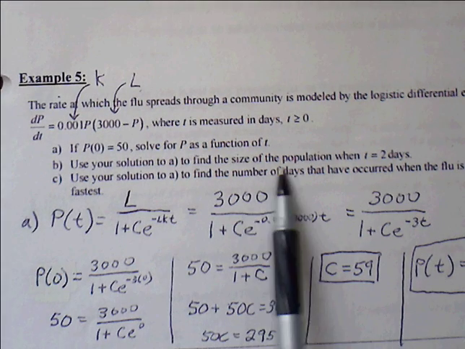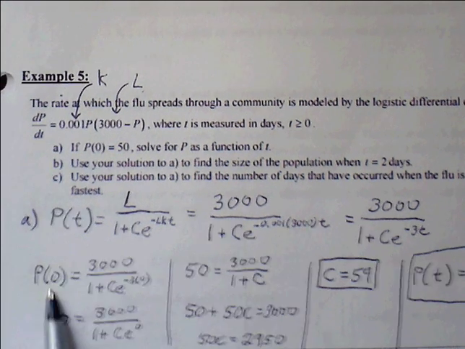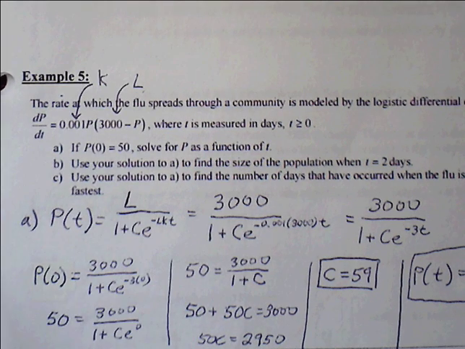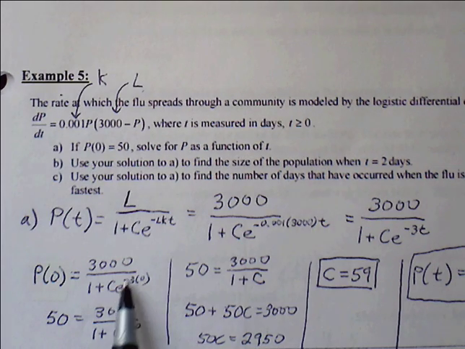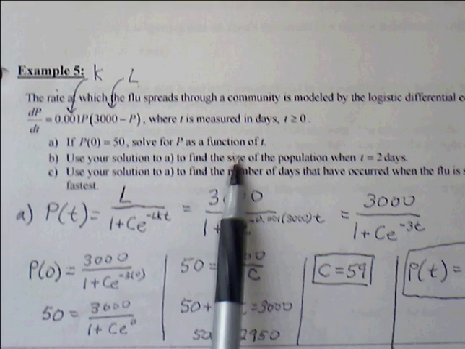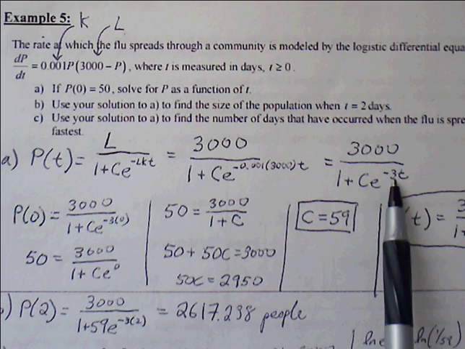Use your solution to find the size of the population when t is equal to 2. So we just plug in. First, we need to find the C value. We know the ordered pair 0, 50. Oh, actually, we haven't finished part A yet, so we still need to find our C value.